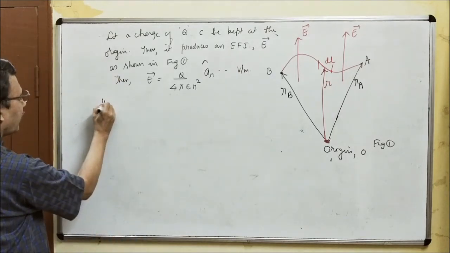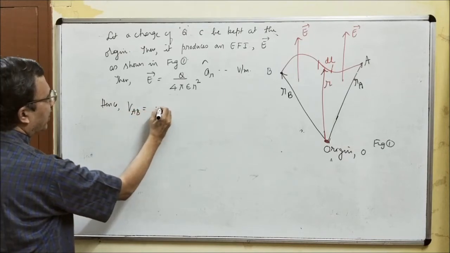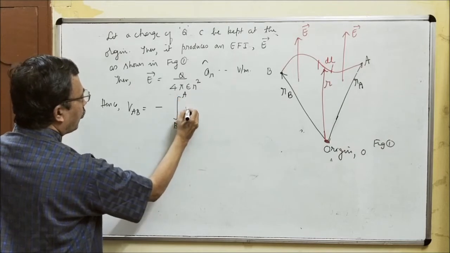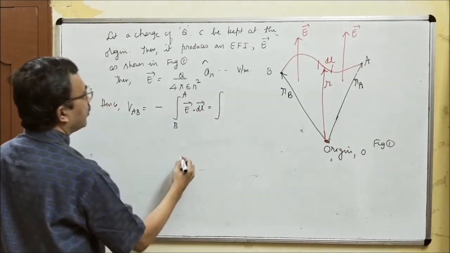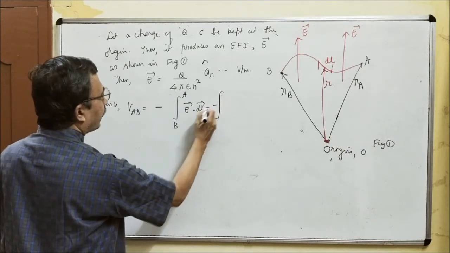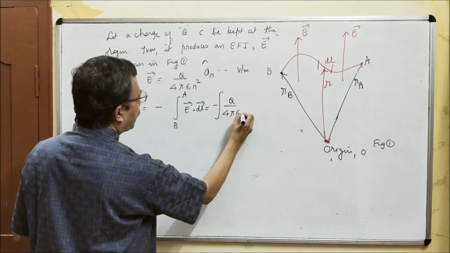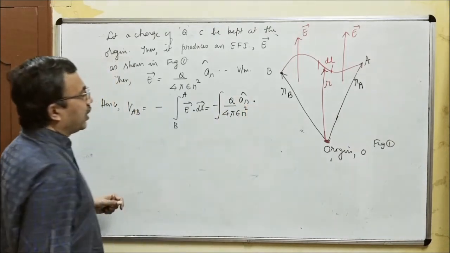Hence, what is VAB? VAB is equal to minus integration from B to A of vector E dot dl, which is equal to integration of Q divided by 4 pi epsilon R square into AR cap dot vector dl.